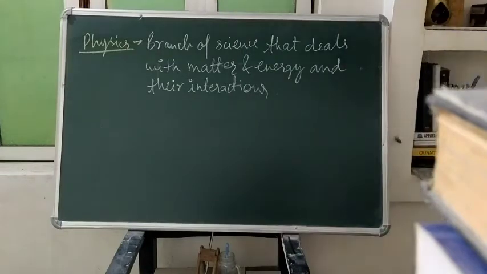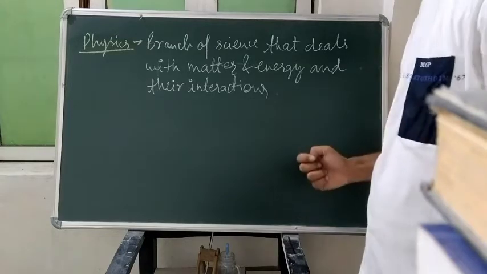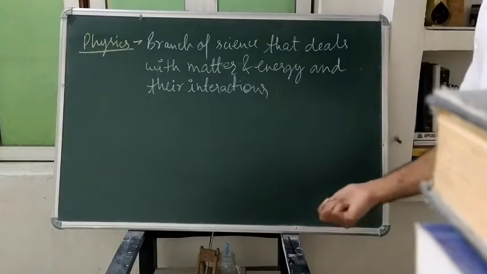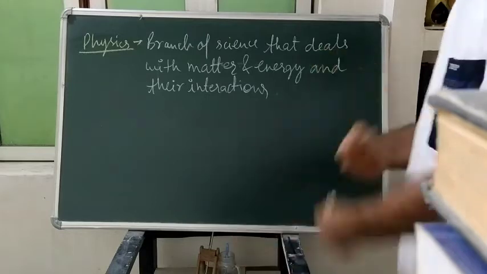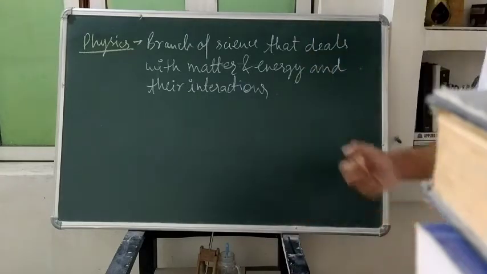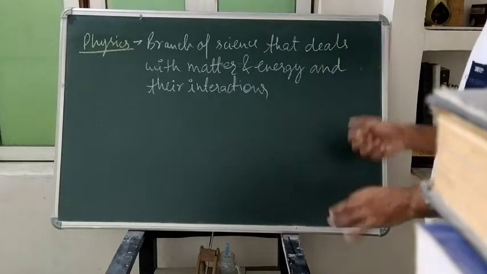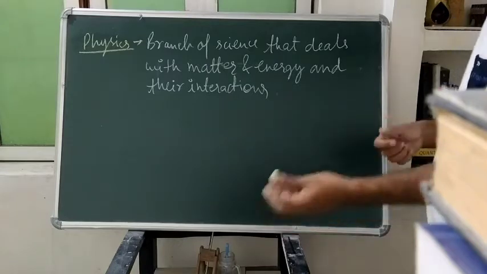So the branch of science that deals with matter and energy and their interaction is called physics. In general, people say that physics is the study of nature. You will remember this, you can have the idea of study of nature as well.